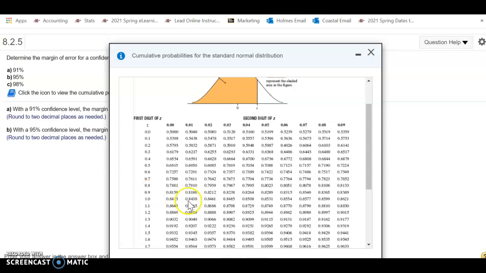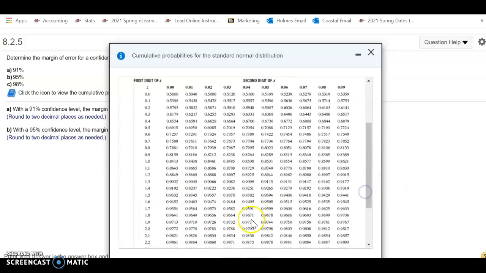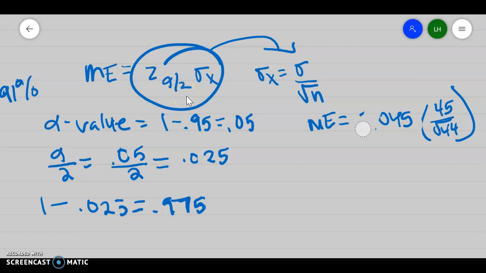So 0.975 is in here. It's at 1.96. I don't know what I was looking at. So I'm making a lot of mistakes today. My brain is tired. So 1.96.